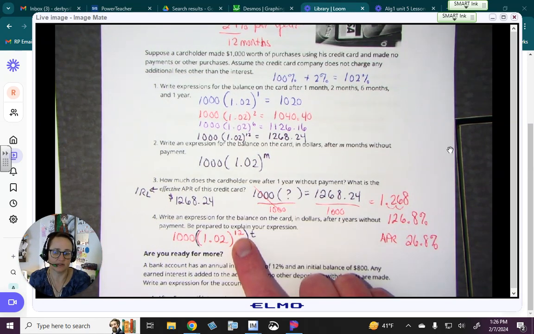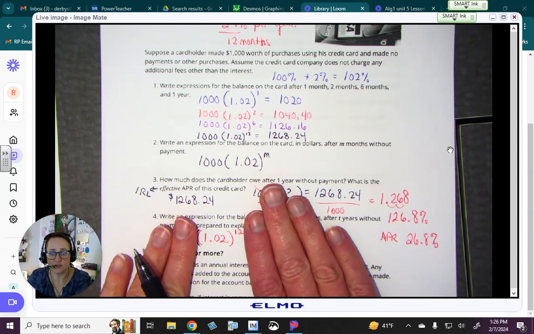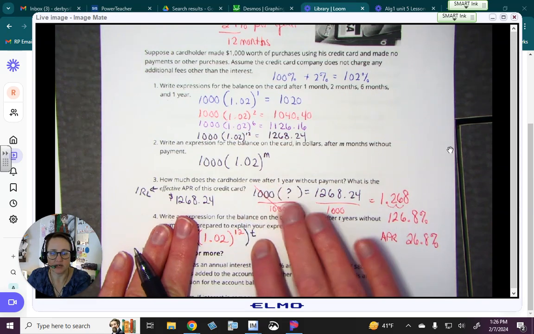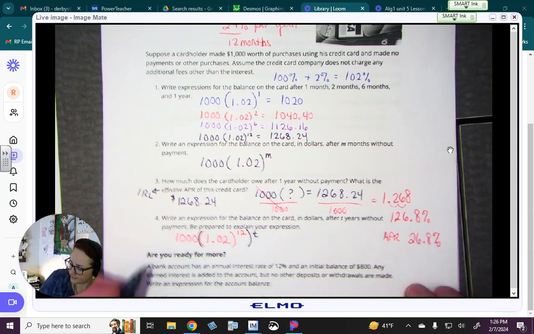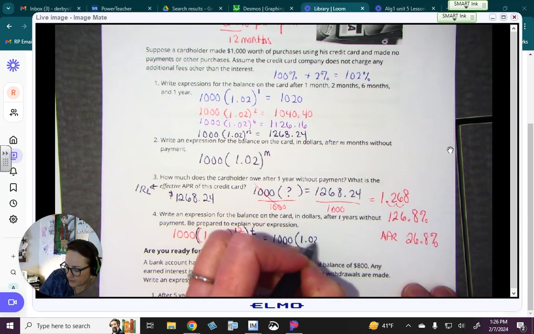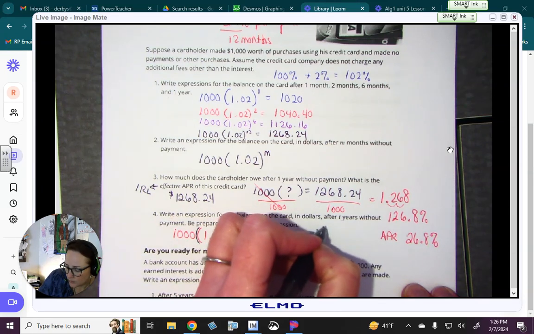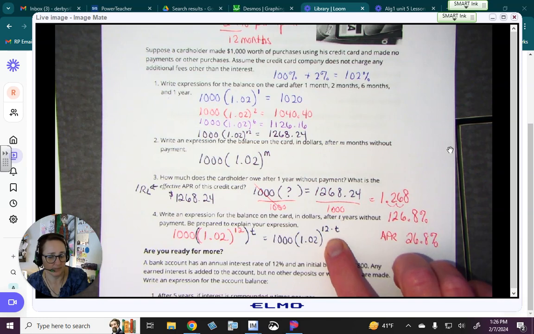So I'm going to write it like this first. We're taking our 1 year's worth of months, and then we're going to raise it up to however many years we want to do. So we could write that also like this, 1.02 to the power of 12 times t.